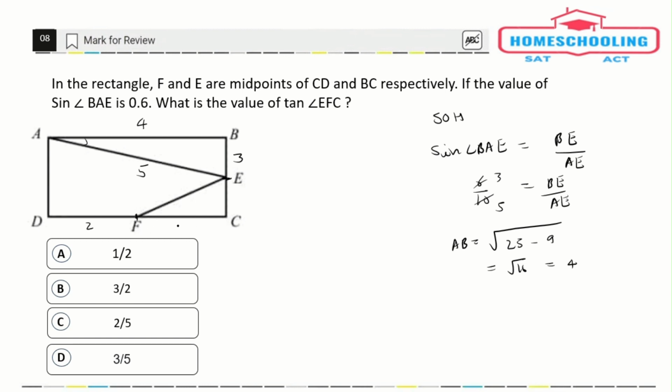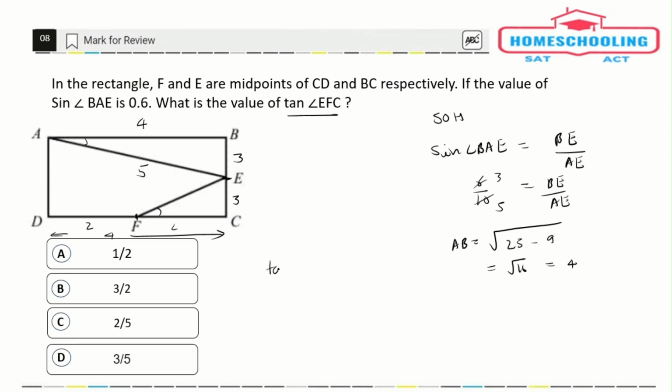As we know, F is the midpoint, so DC would also be 4. So DF would be 2 and 2, and the whole thing would be 4. Similarly, E is the midpoint, so BE would be equal to EC. So if BE is 3, then EC would also be 3. We have to find the value of tan angle EFC.